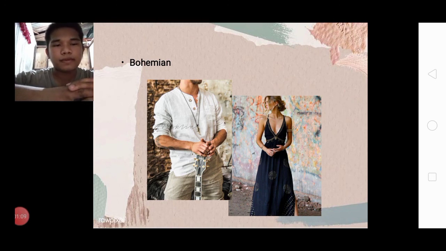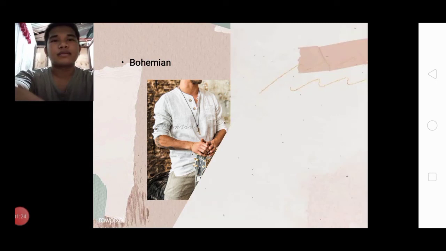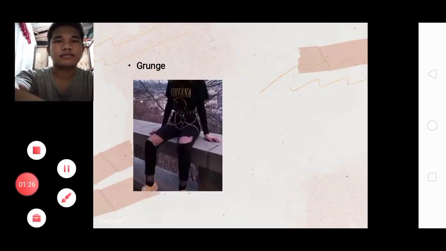The hallmarks of the boho style are flowing maxi dresses, long skirts, bell-bottom pants, large brim hats, fringe, suede, and slouchy handbags.